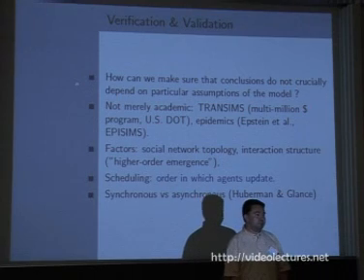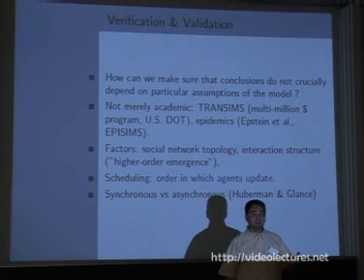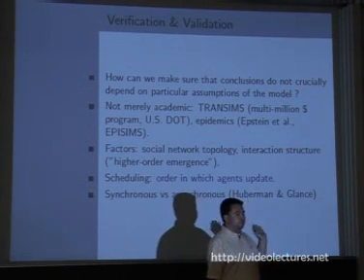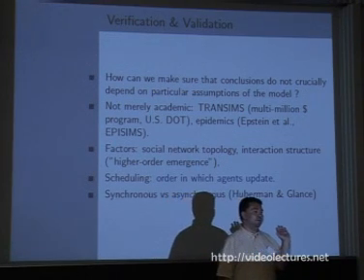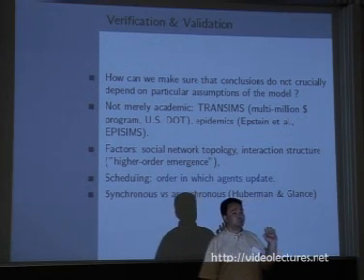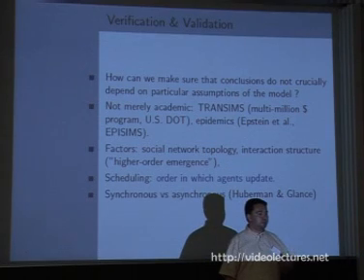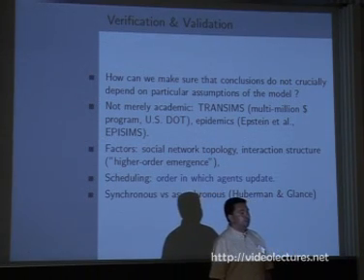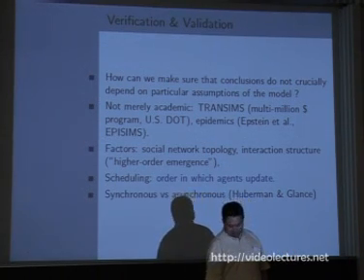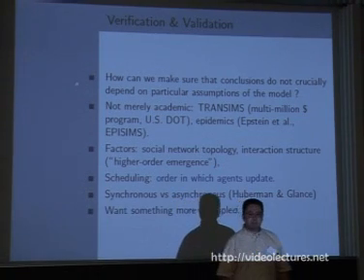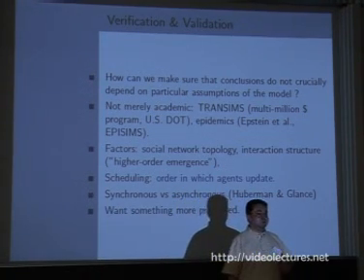Okay? This is a topic that has been studied previously, and there is a famous paper by Bernardo and Natalie Glance on the serial versus parallel properties of the prisoner's dilemma. But I would like to do something that is a little bit more principled.